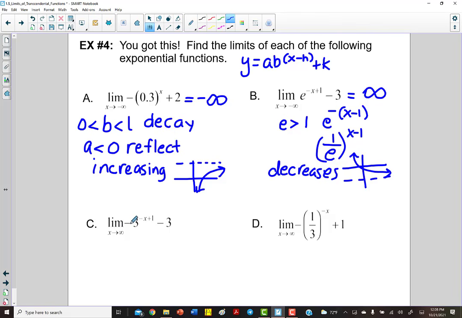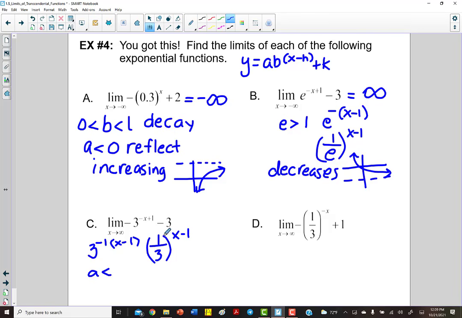On this one, we have a negative on the a value, which causes the graph to reflect, but we have 3 to the negative 1 power, which means my base is 1/3. So 3 to the negative 1 causes the base to become 1/3 to the x minus 1 power. And the a value is negative. So I've got 2 negatives.